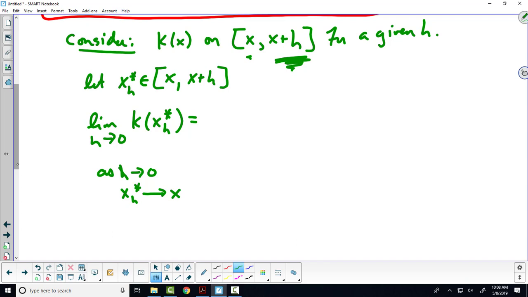At the one wall, right? Same idea. As this endpoint gets closer and closer to here, my x_h star, which is always between them, is going to just go to x. So that means that this limit right here is just going to be k of x.